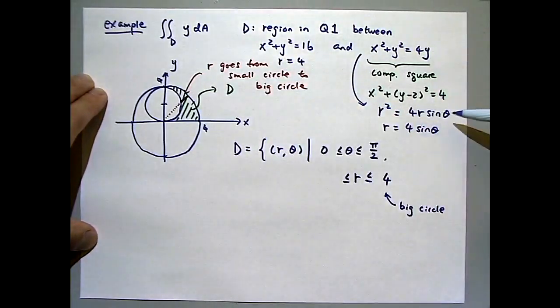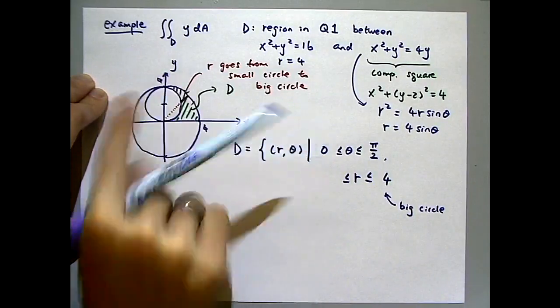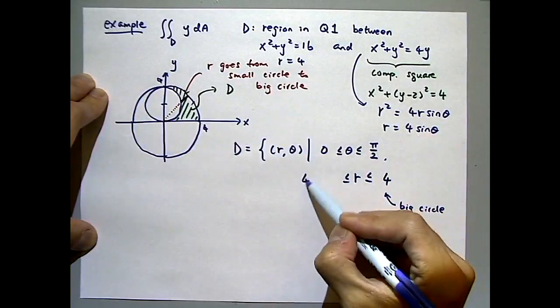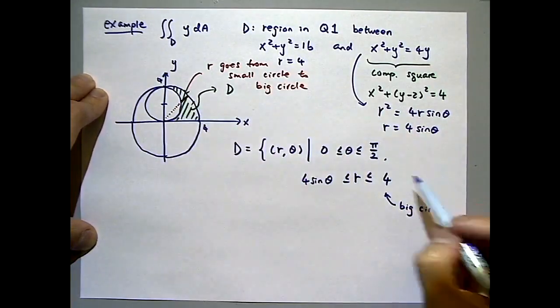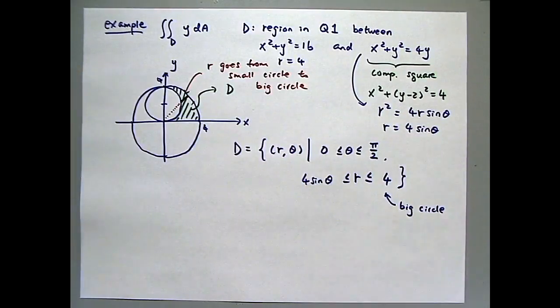Small circle: r squared equals 4r sine theta, therefore r equals 4 sine theta. So the accumulation of r starts from the inside, the small circle, 4 sine theta, and ends when we touch the outside, the big circle, r equals 4. Any question about that? Good with that? Let's see some heads nodding and shaking. Okay, good enough.